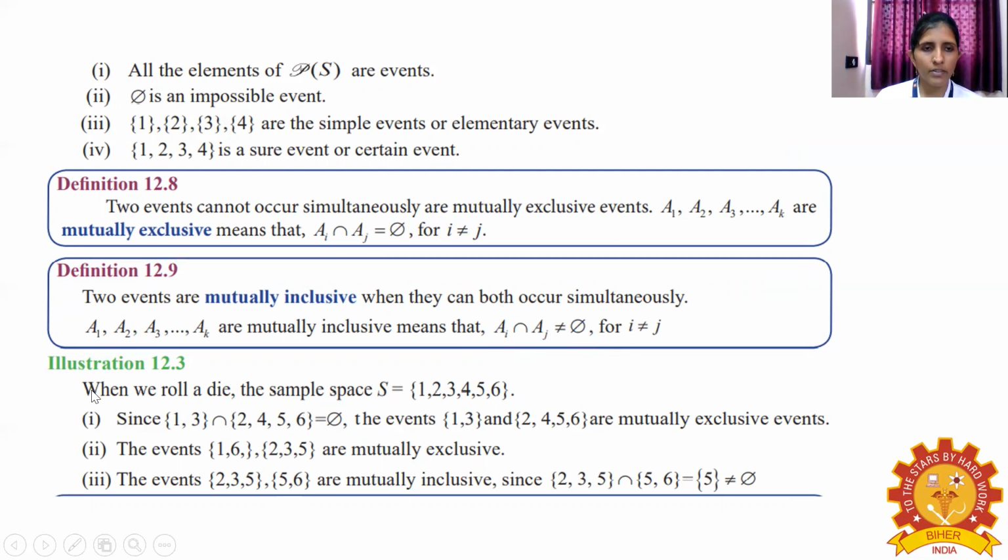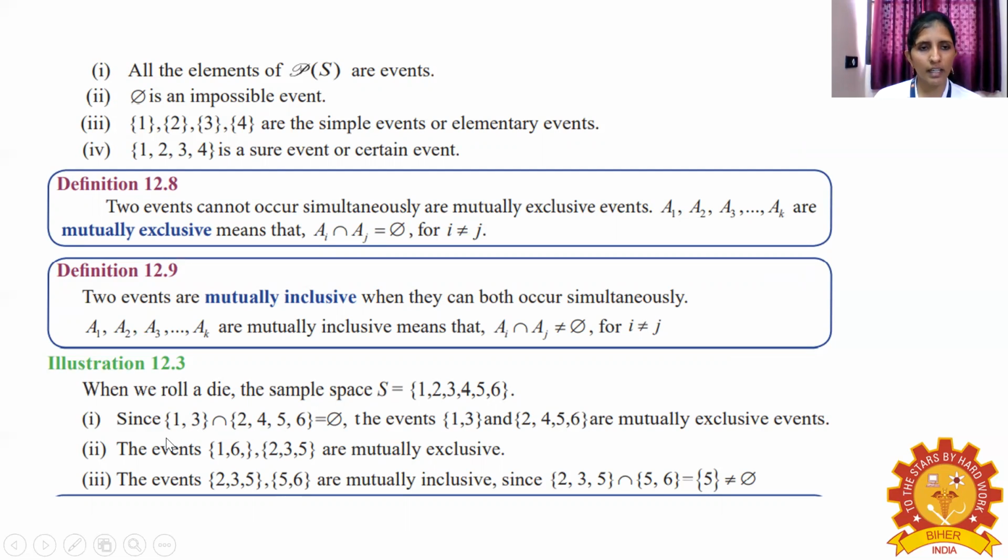Say for example, when we roll a die, the sample space S is equal to {1, 2, 3, 4, 5, 6}. From this particular sample space, let us define what is an event, what is a mutually exclusive event and a mutually inclusive event.